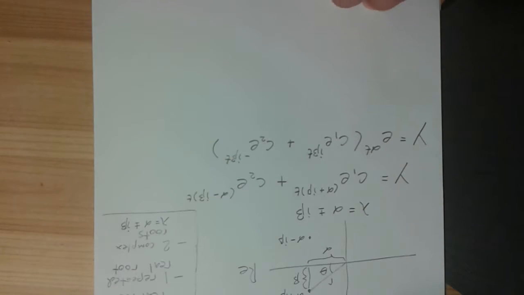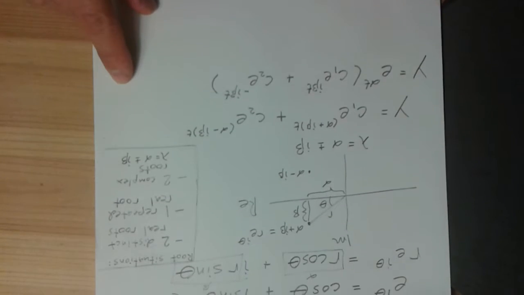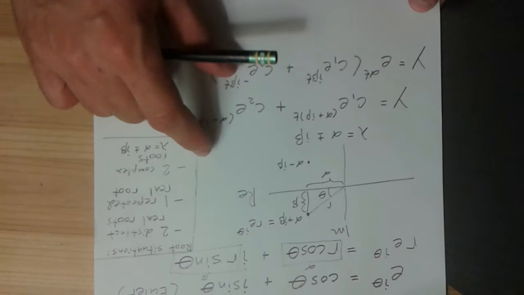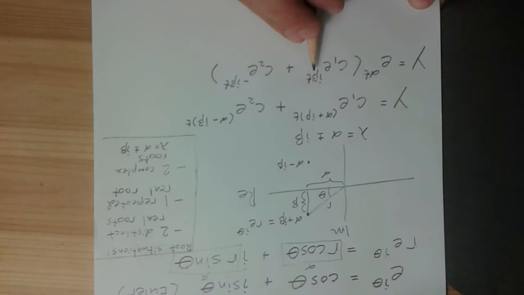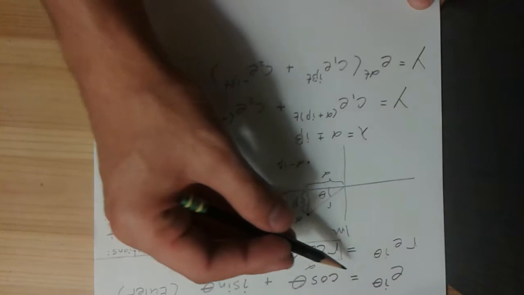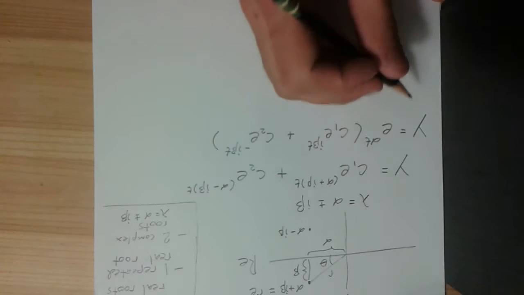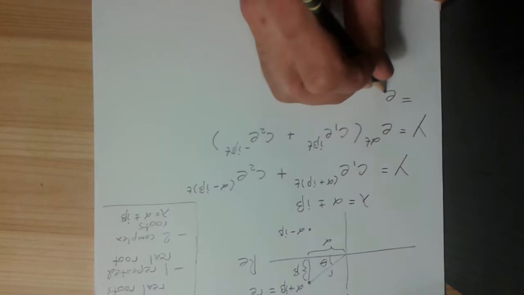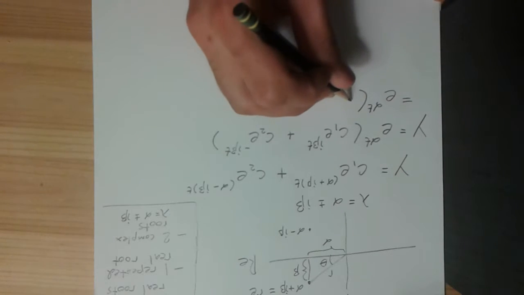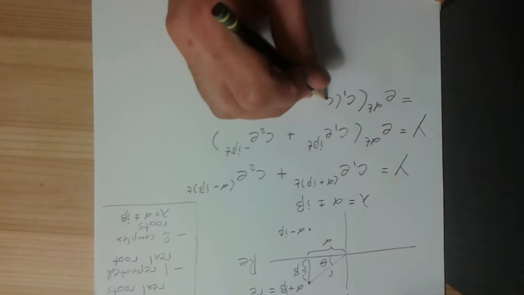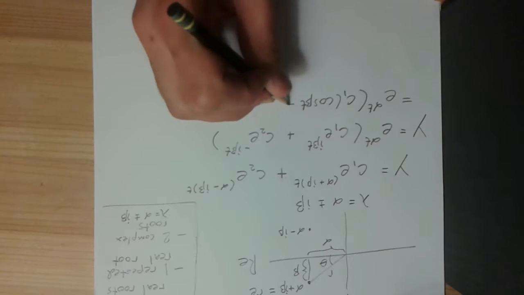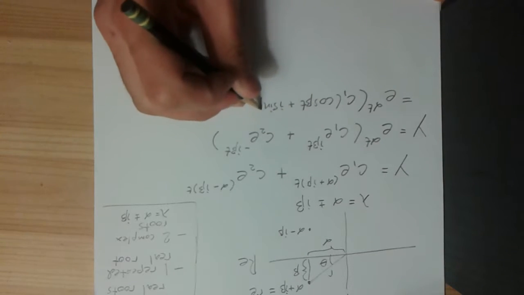Now it's looking like we can apply Euler's formula. Essentially, we're subbing beta t in for theta into this formula, and over here we're subbing negative beta t in for theta. So this would give you e to the alpha t times c1 times cosine beta t plus i sine beta t.